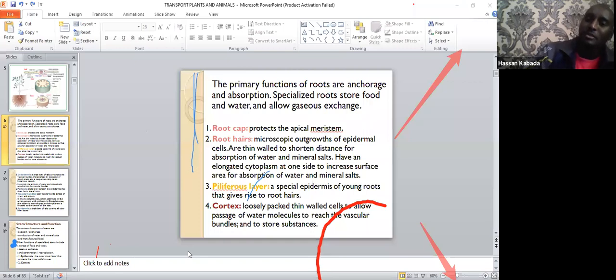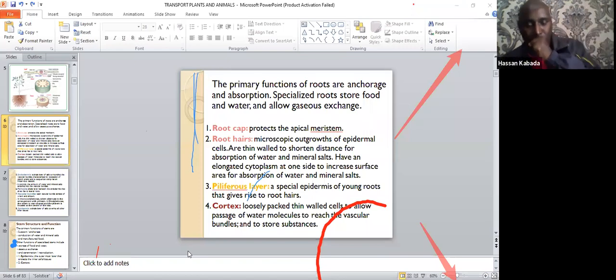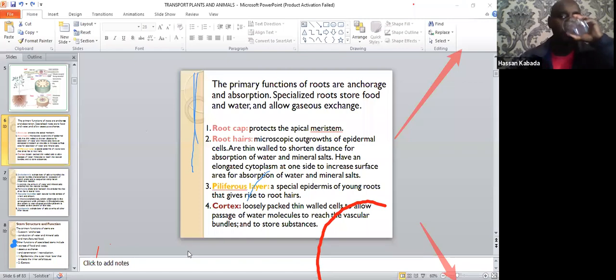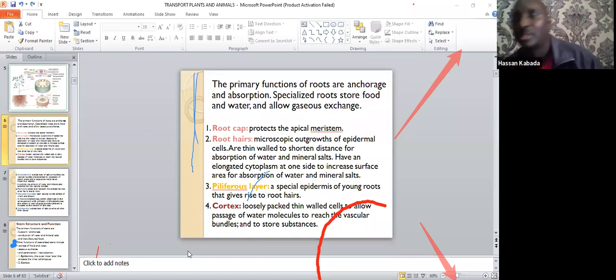If the solution in the root cells is hypertonic, then automatically water can get in through osmosis. But if it is the other way around, what will happen? The water will move out of the cells into the soil. That's when we have more water in the plant than in the soil, and that's how drying occurs.